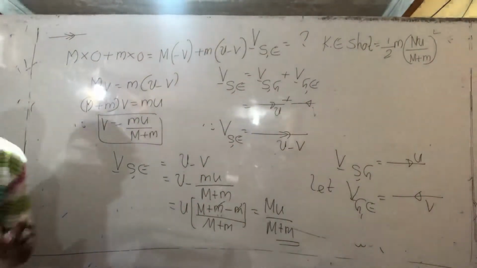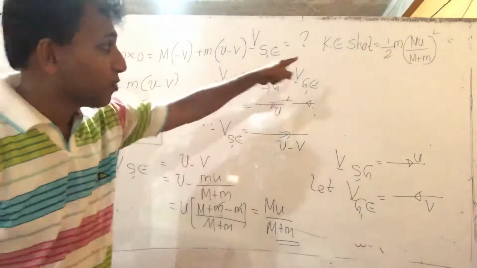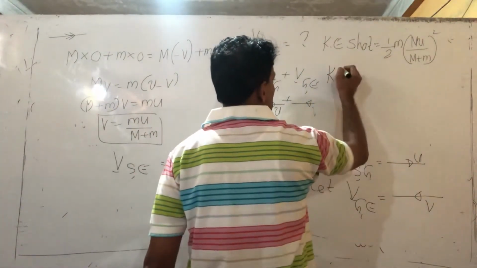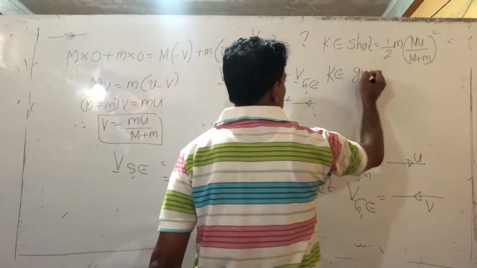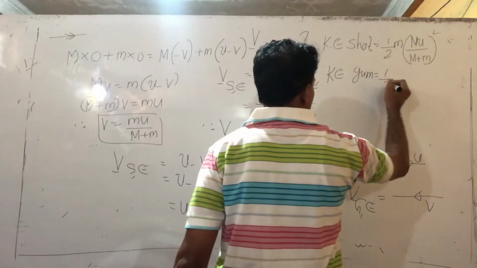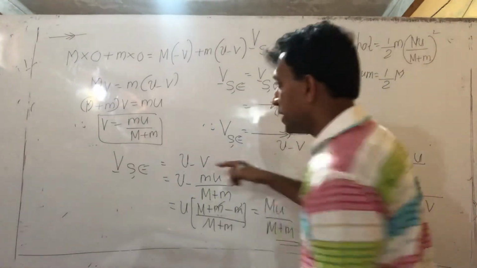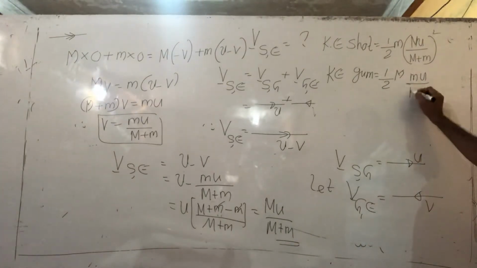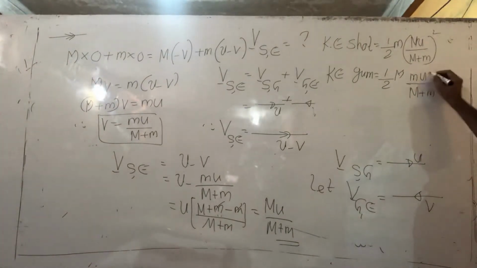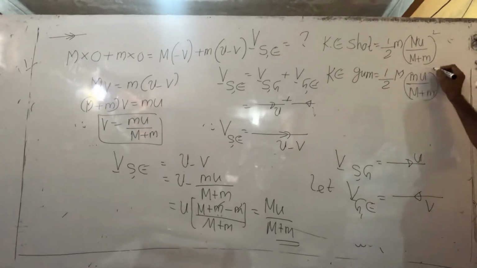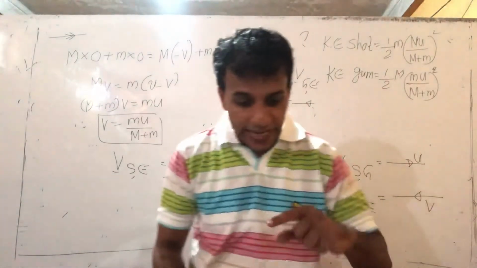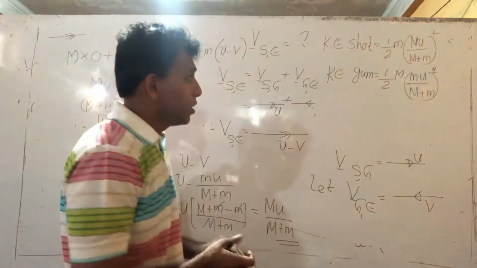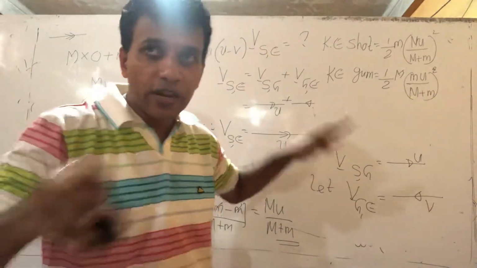Next, find the kinetic energy of the gun. Half capital M, its speed is small mu over capital M plus small m, all things square. So the question is, show that it's inversely proportional, not proportional. So you can divide one by one or write the ratio.